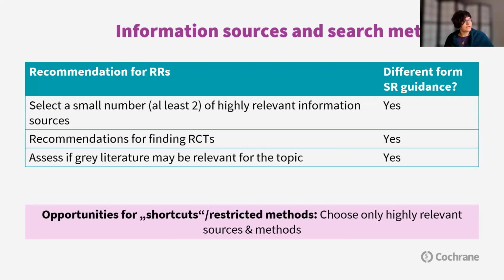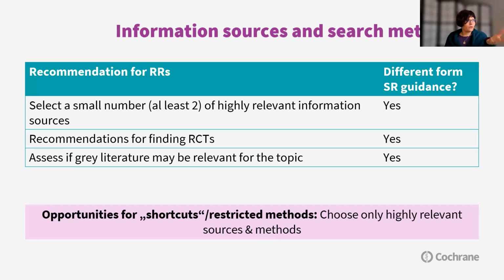The second area of recommendations concerns the information sources and search methods. Here we do have differences to recommendations for systematic searching in systematic reviews. Systematic searches for systematic reviews usually stress the importance of maximizing the search sensitivity at any cost.